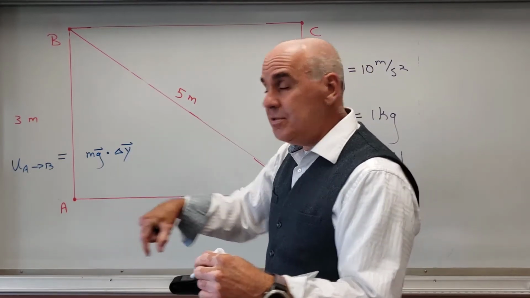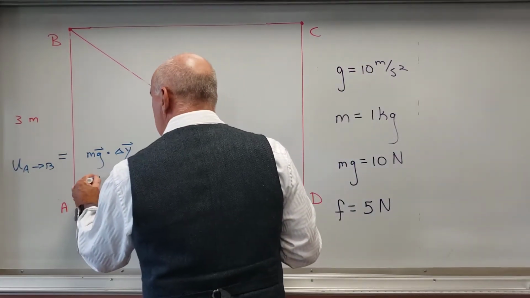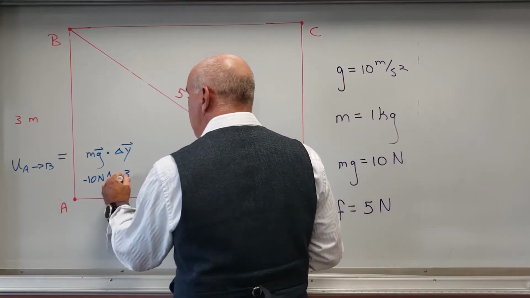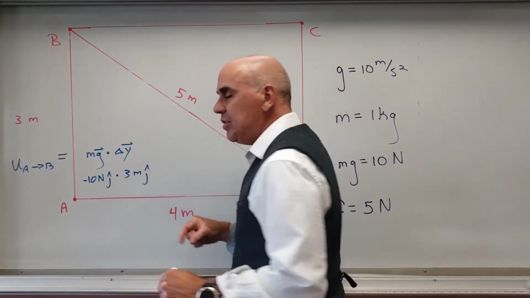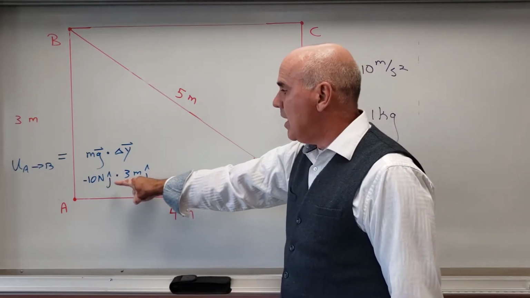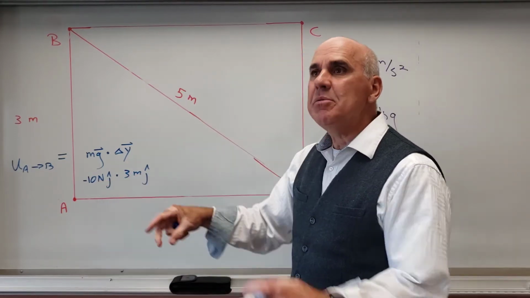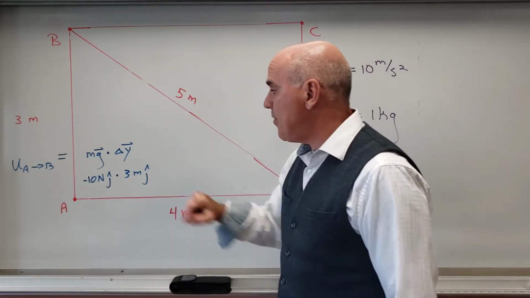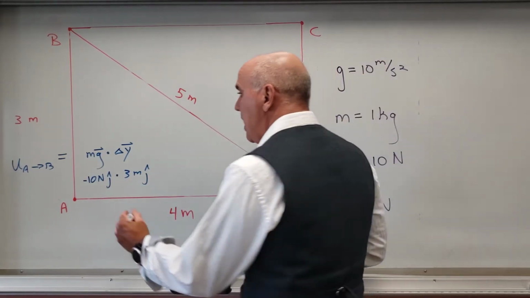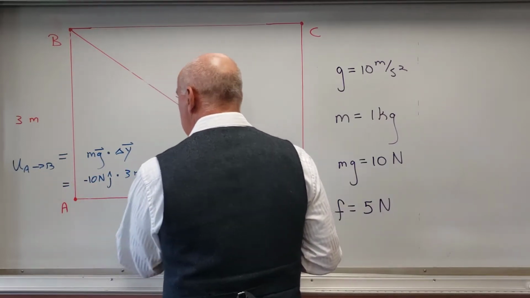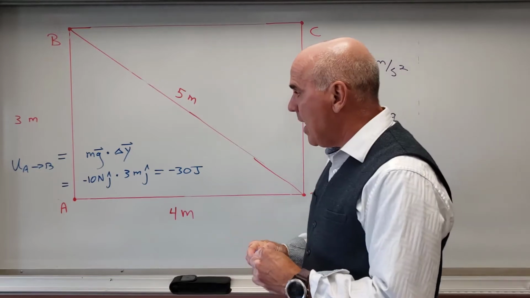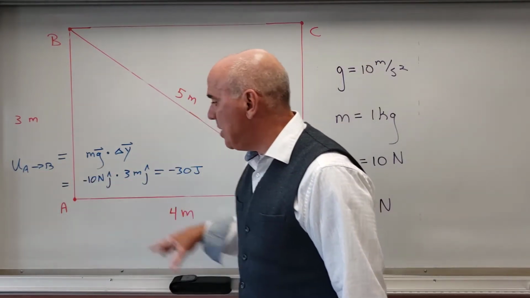That's 10 newtons down, 10 newtons in the negative j direction, dotted with 3 meters in the positive j direction. So the work done by gravity is negative 30 newton meters, or negative 30 joules. That's how much work is done by gravity when I go from A to B.